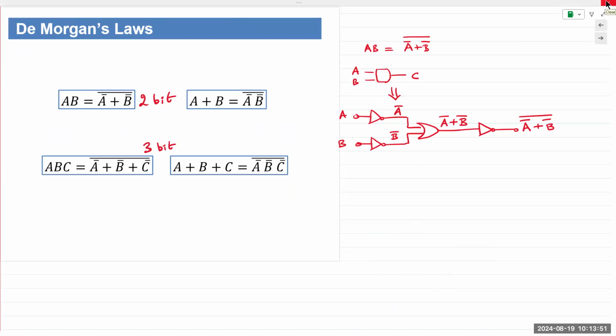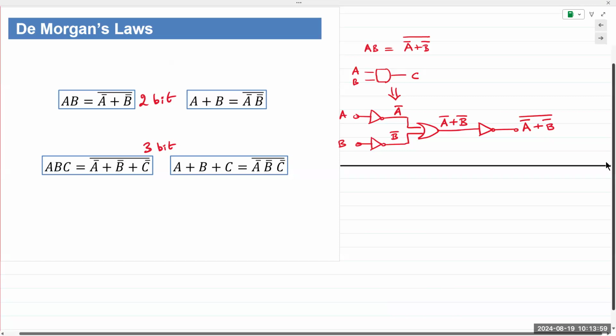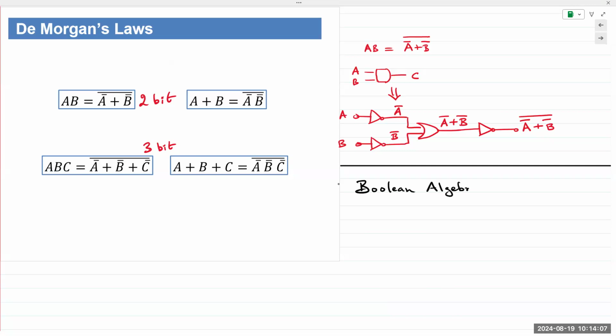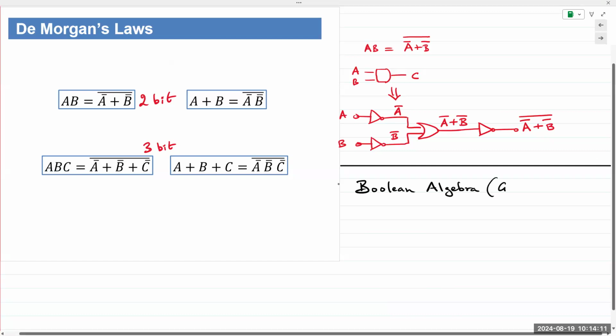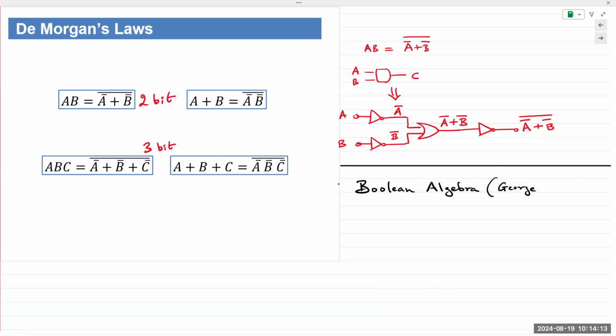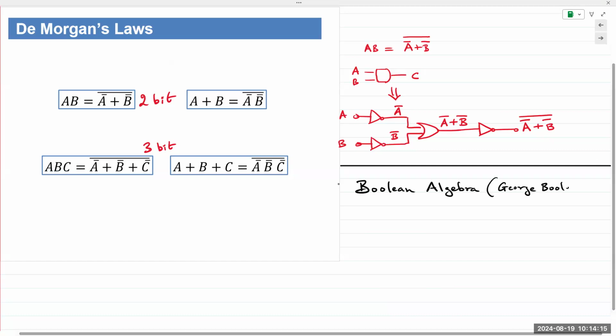This mathematical branch is known as Boolean algebra. It's named after the mathematician George Boole. So it's known as Boolean algebra. Named after George Boole.